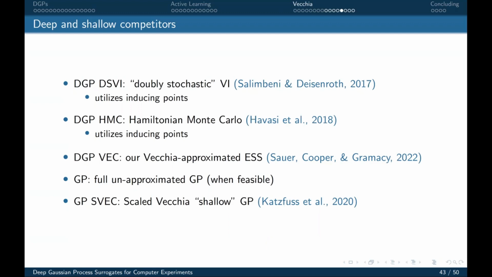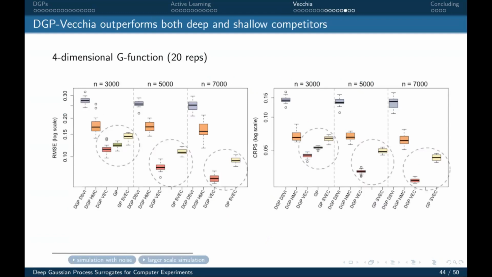And we make some comparisons to shallow Gaussian processes where that's feasible. Actually the results I showed you earlier came from the Vecchia approximation. All of the circled ones, I showed you those earlier. I just didn't tell you they were using the Vecchia approximation. When I can make a comparison to an ordinary Gaussian process, my ordinary Gaussian process is better than its Vecchia approximation, so you do lose something by making a Vecchia approximation.